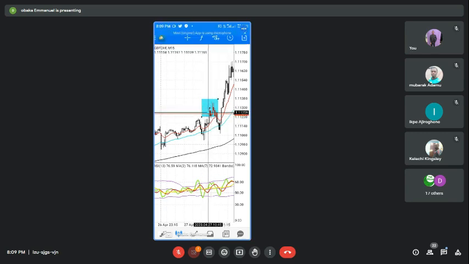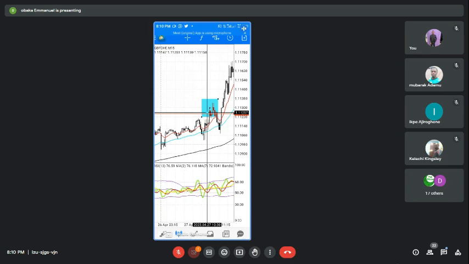Okay. So if you see a market like this reacting where you are supposed to sell from, and you are not seeing rejection candles within that zone, you have to be very careful, because the market is likely 80% to continue.